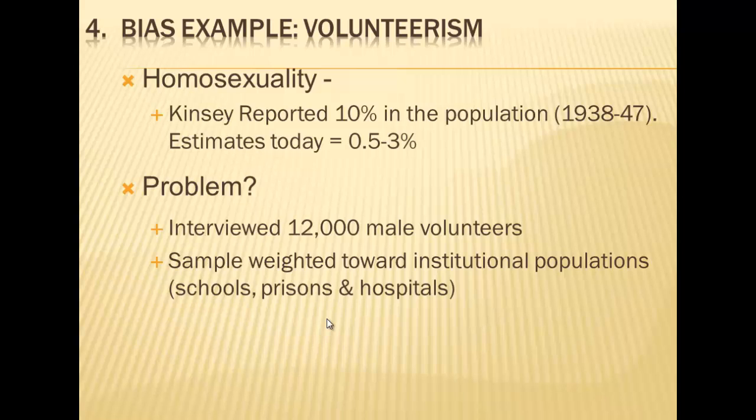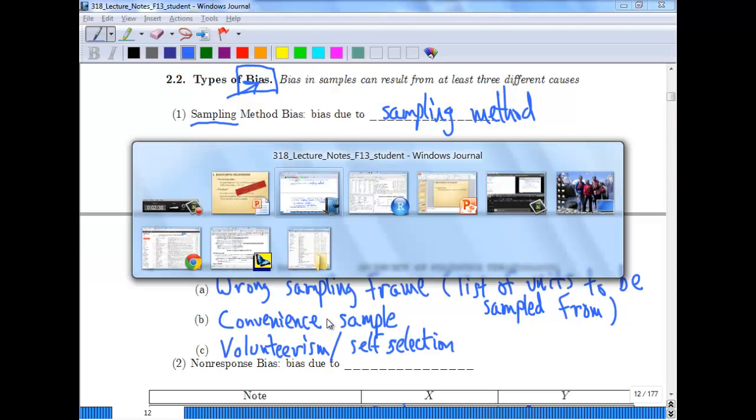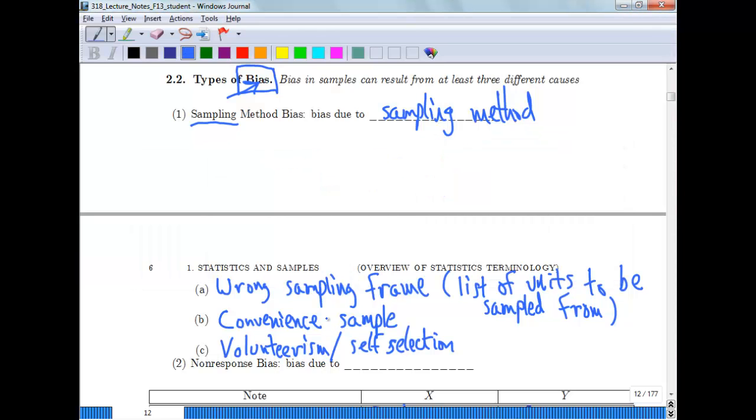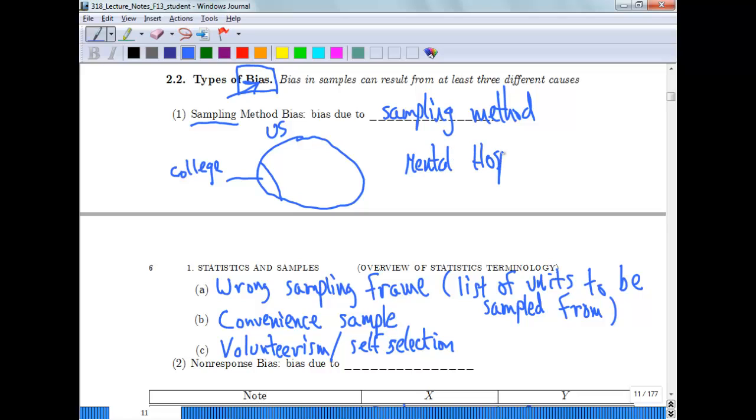So if I could diagram this, then the diagram would look like this. Okay, if you have the US here, well, he got college students, and he got mental hospitals, and then he got prisoners.